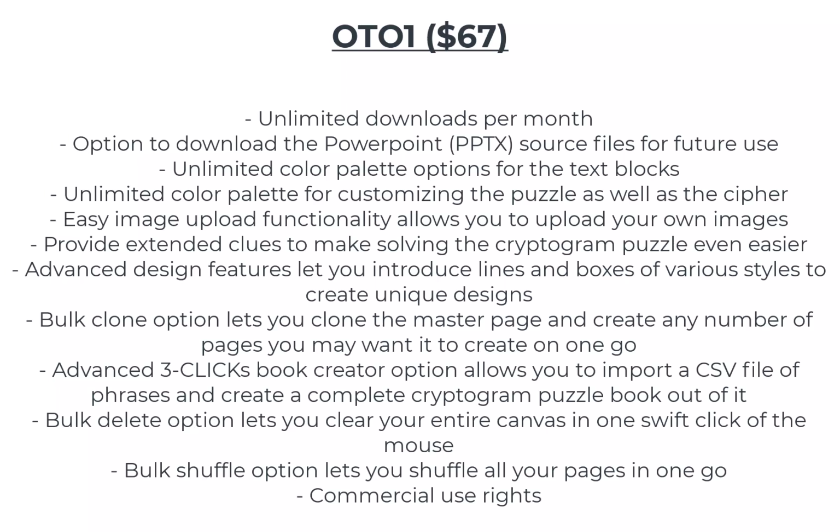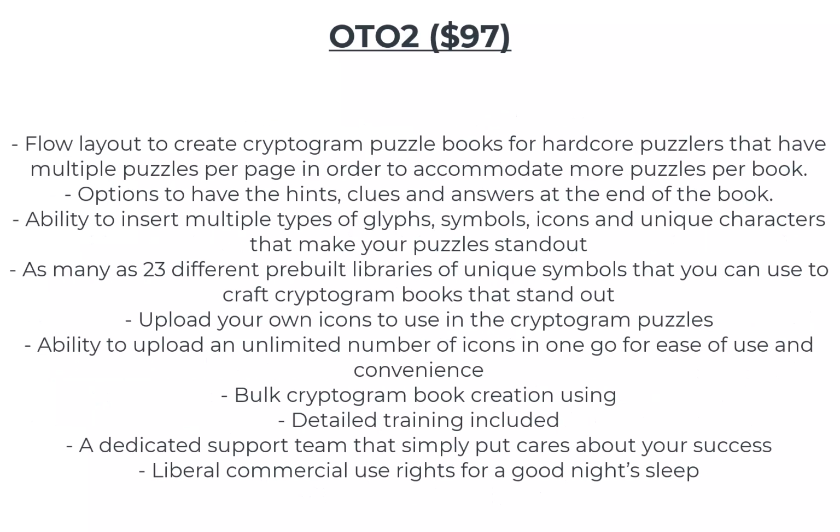Optional upgrade number 2 is priced at $97, and this contains a flow layout. This allows you to create multiple cryptogram puzzles per page, which will enable you to create more puzzles per book. You have options to have the hints, clues, and answers at the end of the book.